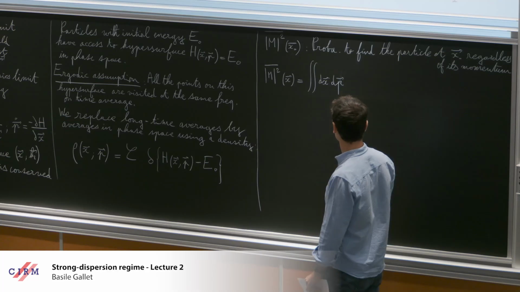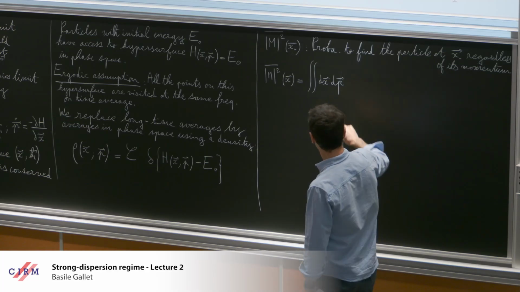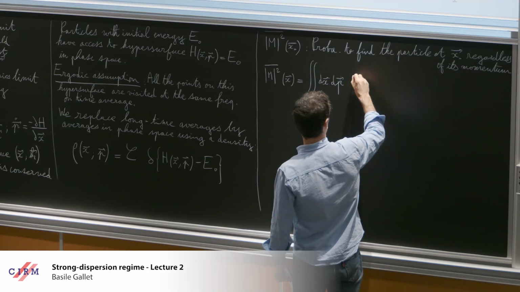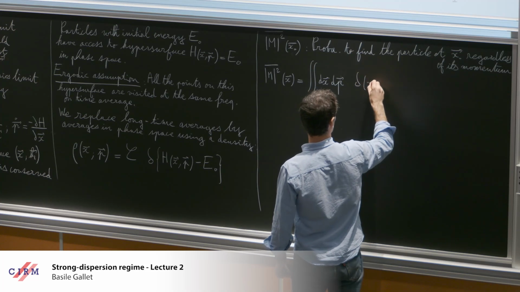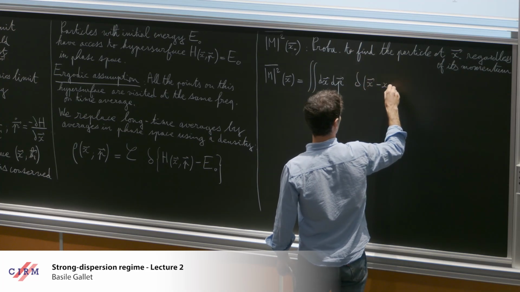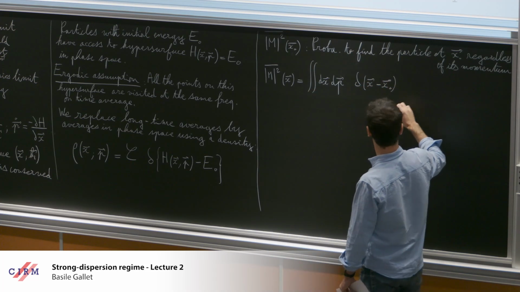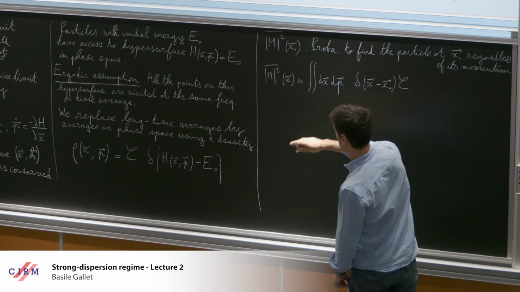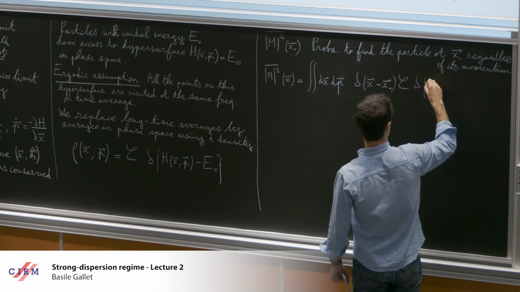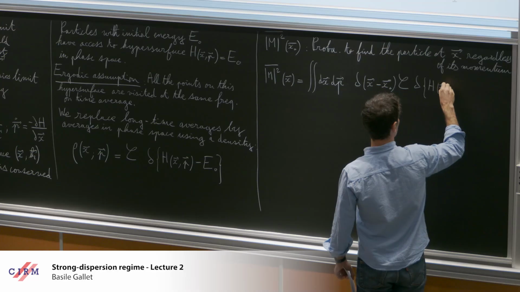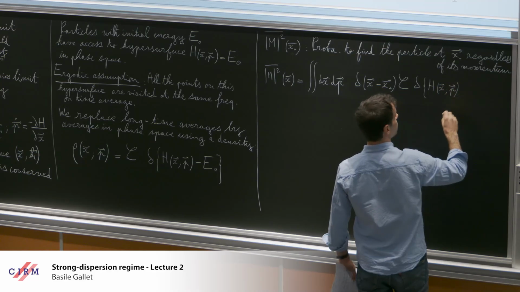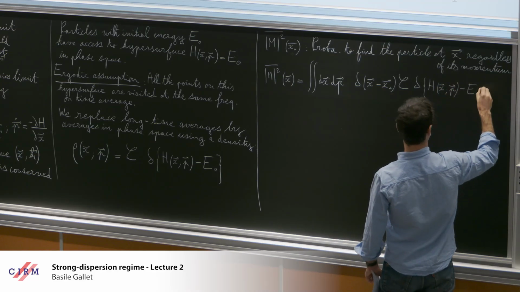But here it's momentum p. So dx dp, and then the event that we're interested in is the particle being at x0, and then we have this probability density delta of h of xp minus E0.